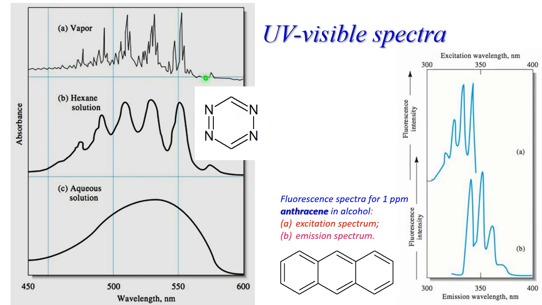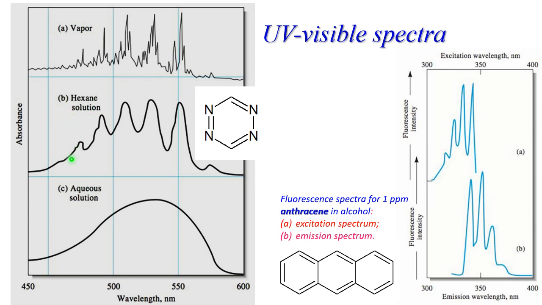If we measure UV spectra in vapor, we have much more information because of vibrational peaks that overlap with our electronic peaks. You can see that even a very simple tetrazine compound here gives you several dozens of peaks. Now, it's very difficult to bring an organic compound into a gaseous phase.